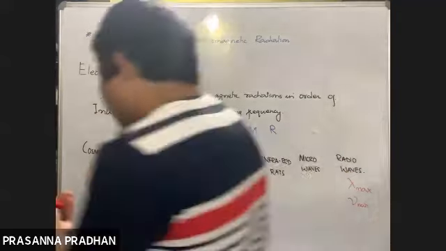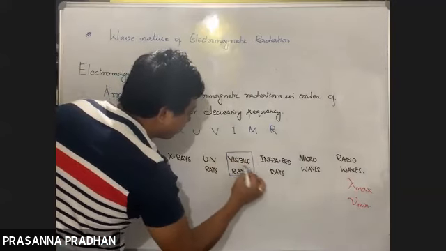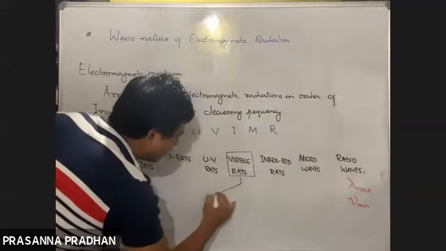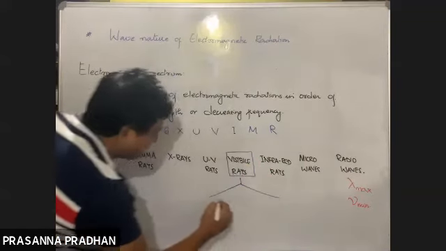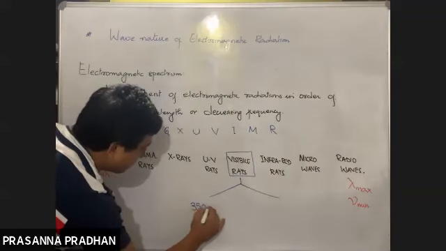Now, out of all these radiations, the human eye can see only those which fall under visible rays. What is the range of visible radiation? The range of visible rays falls from 350 nanometer to 750 nanometer.